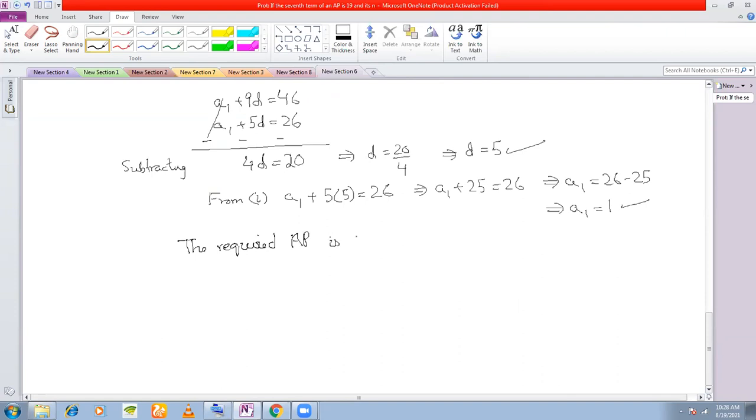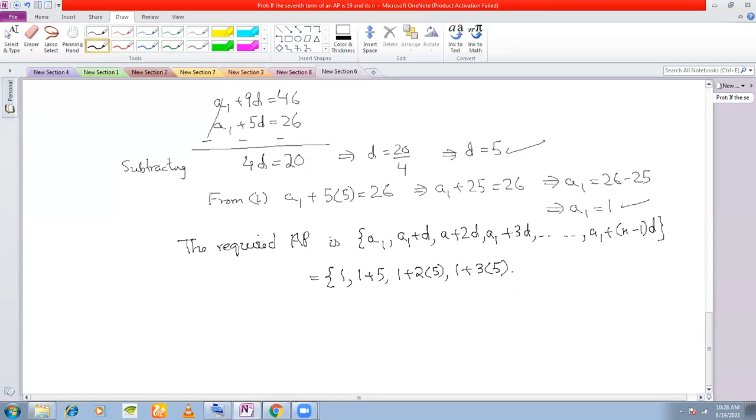The required AP is A1, A1 plus D, A1 plus 2D, A1 plus 3D, and so on, A1 plus n minus 1 into D. So A1 here is 1, 1 plus 5, 1 plus 2 into 5, 1 plus 3 into 5, up till 1 plus n minus 1 into 5, which is 1, 6, 11, 16, and so on till 5n minus 4. This is the required AP.